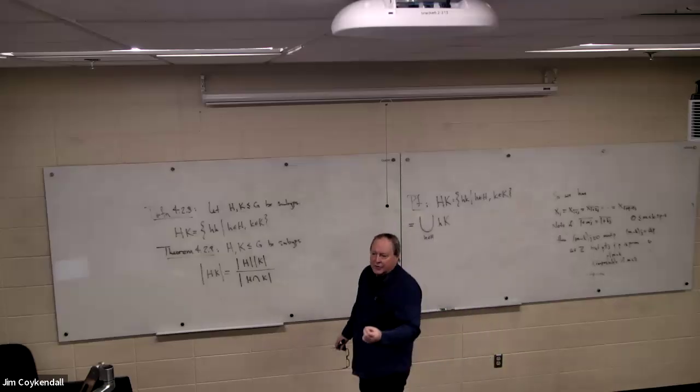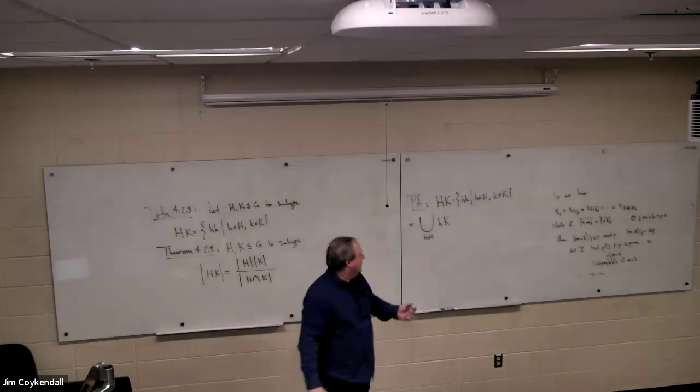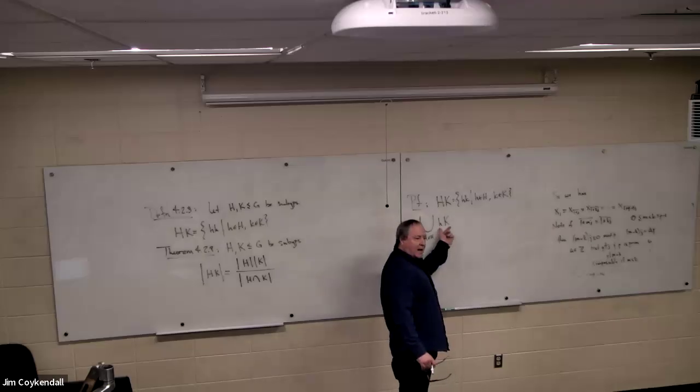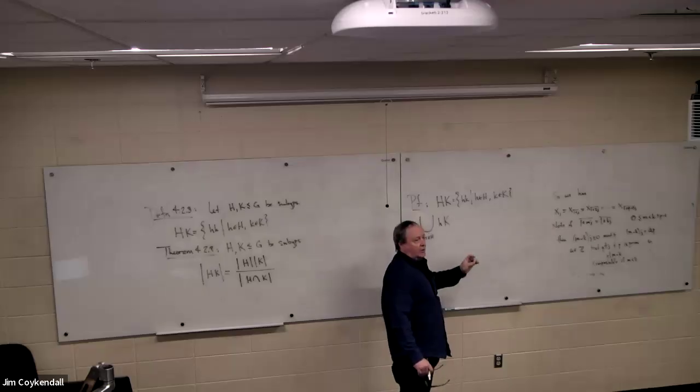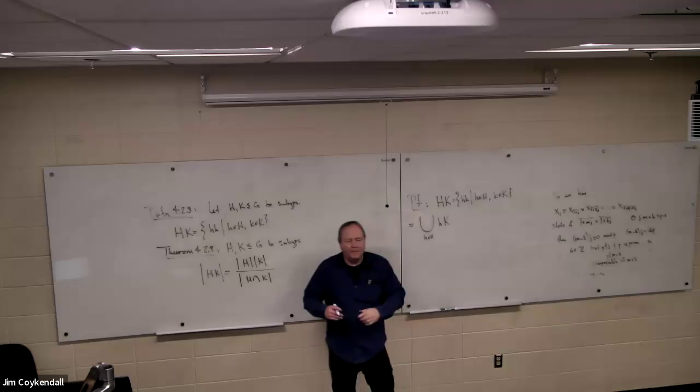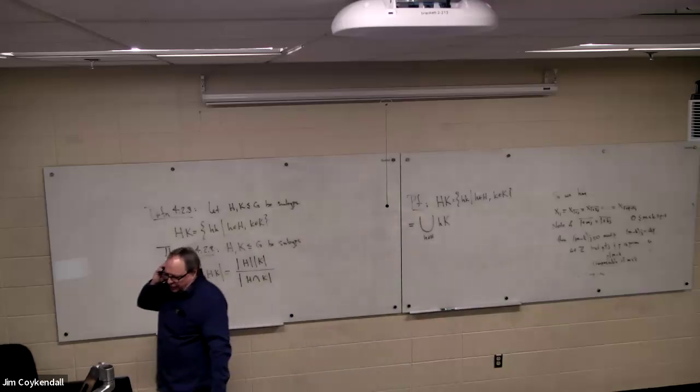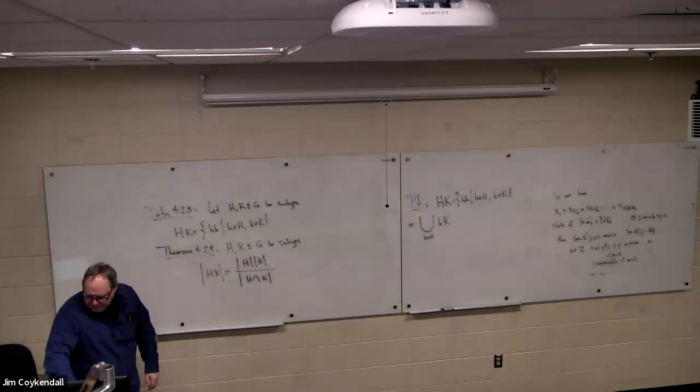Now, the good thing about cosets that helps me count here is that for any two cosets, hK and h'K, one of two things happens. They're either exactly alike or they're disjoint. Y'all remember that about cosets, right? So we're going to have to sort out which ones are different.